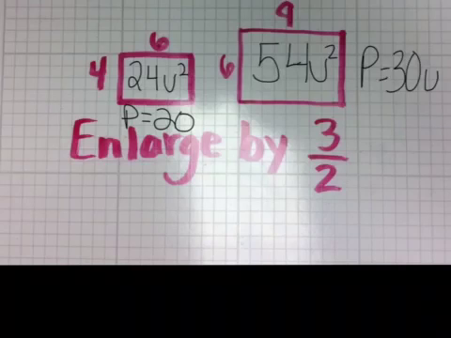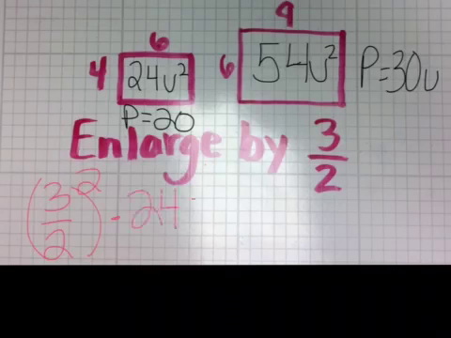So let's investigate with the area. So from our toolkit entry, it said we would have to take the scale factor and we would have to square it and then multiply it by the original area of 24. So we would get 3/2 squared. 3 squared is 9. 2 squared is 4.